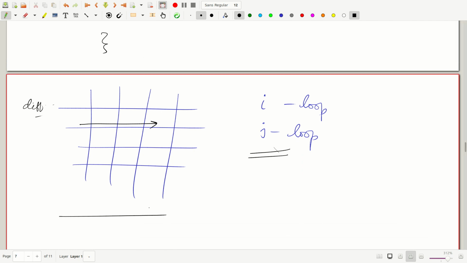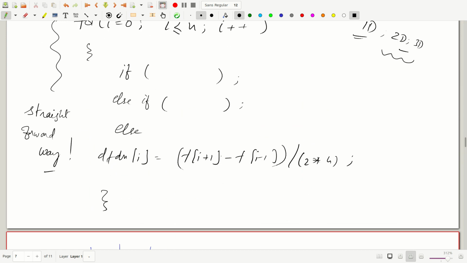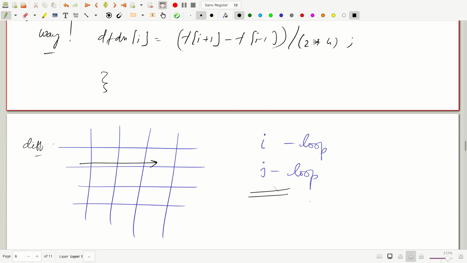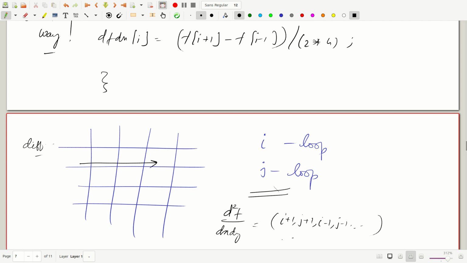So extension to 2D and 3D is rather straightforward because there is no data dependency, because the calculation of the derivative in one particular direction only depends on i plus 1 and i minus 1 and not on the other values. But if you end up with a particular derivative, let's say a second order derivative, which is maybe like d square f by dx dy or something, which would require i plus 1, j plus 1, i minus 1, j minus 1, and so on, then you have to see if that is possible or not.